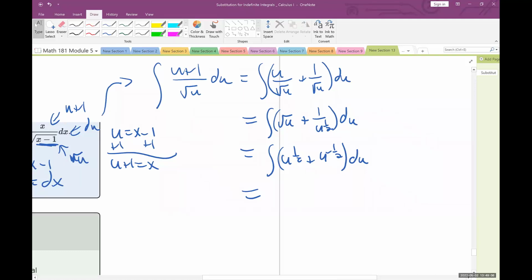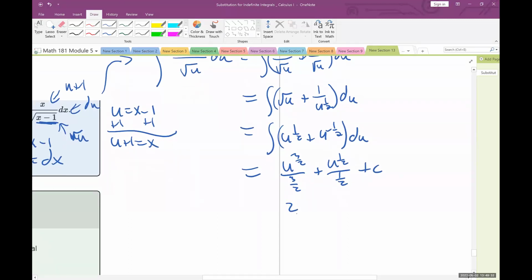What is our antiderivative of u to the 1/2? Three halves over three halves. Good. And then u to the negative 1/2, what's that going to be? Over 1/2. Good, plus c.